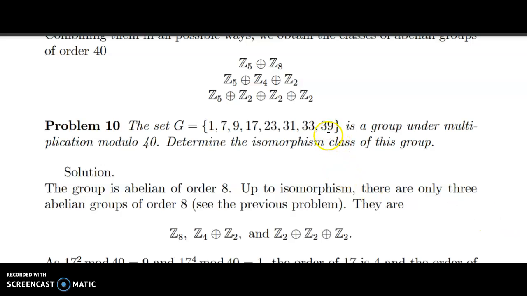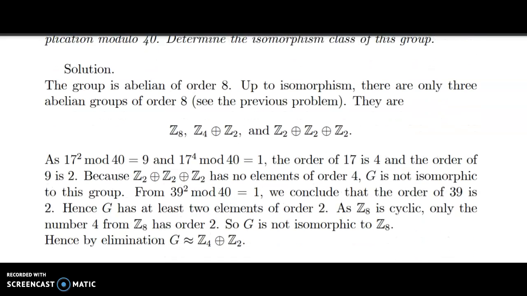So this particular group G must be isomorphic to exactly one of these 3 groups, because any 2 of these 3 groups are not isomorphic, and G must be isomorphic to one of them. So, to exactly one of them.